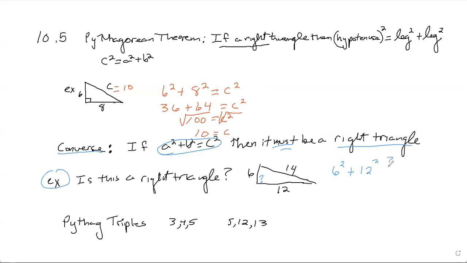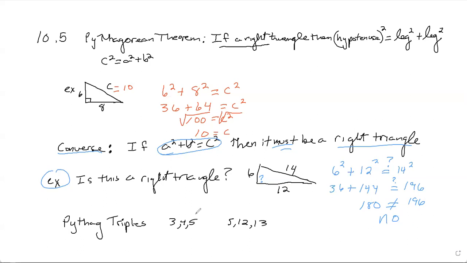Does that equal 14 squared? That's 36 plus 144. Does that equal 196? This is 180. It doesn't equal 196, so it must not be a right triangle.